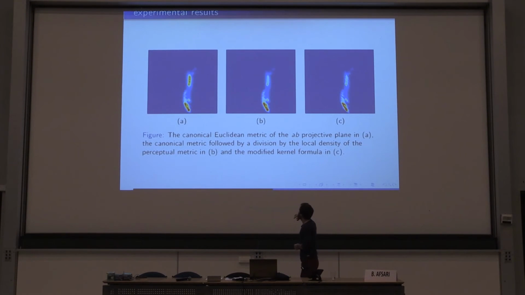The histogram in the middle is just the histogram on the left divided by the volume change. So now it's a density with respect to the Riemannian measure, but computed with the LAB kernels. And on the right, in the kernels, I replaced the LAB distance by the local distance.